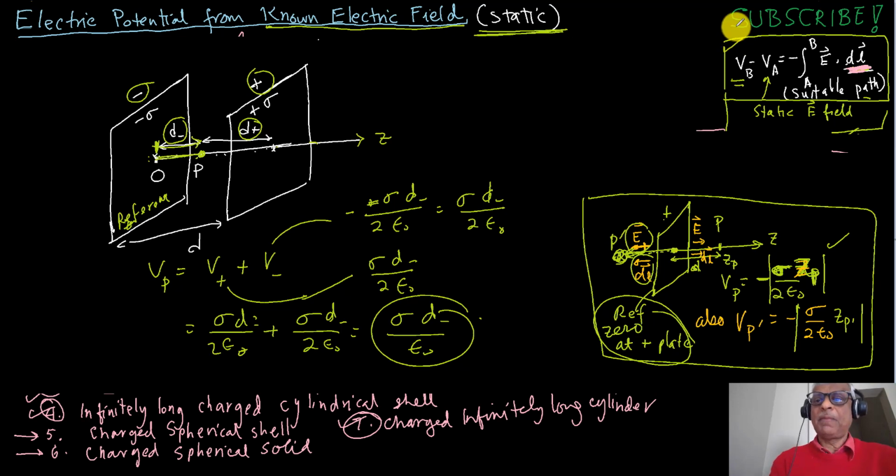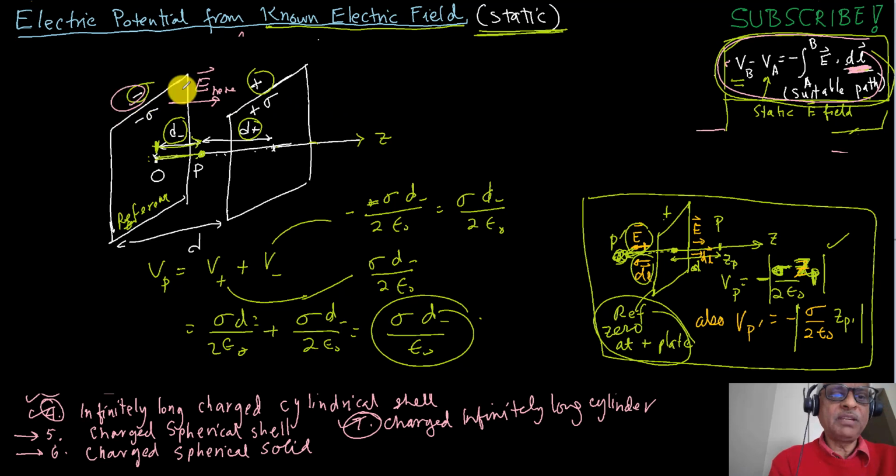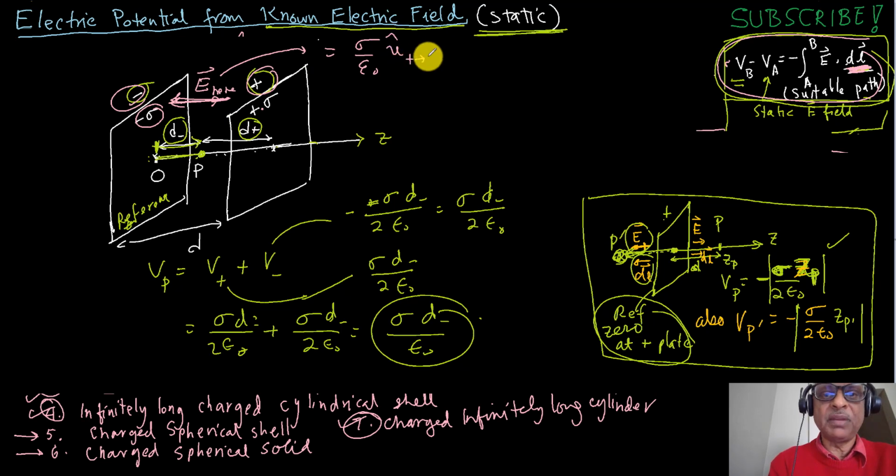We would need the electric field from both these plates, from the negative plate and the positive plate. This would be given as sigma over epsilon naught, directed from the positive plate to the negative plate. So this u hat will be positive plate to the negative plate. That's the electric field.